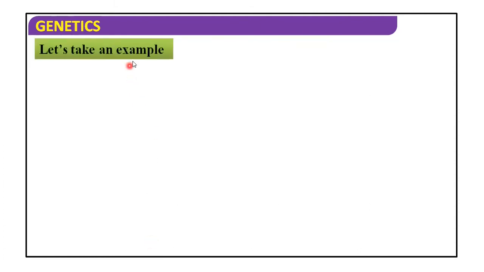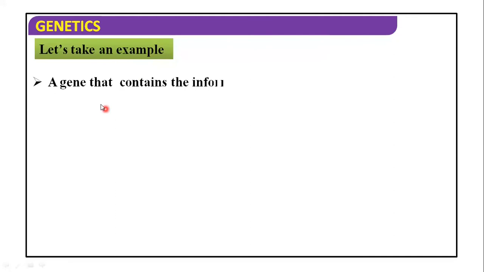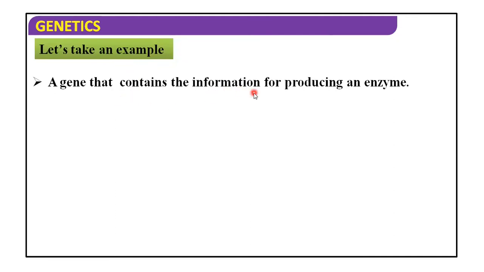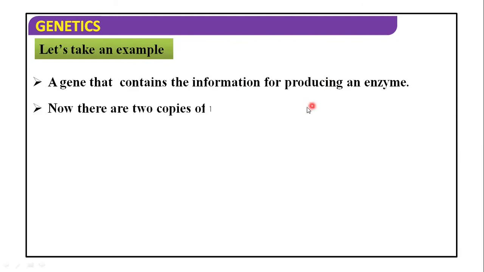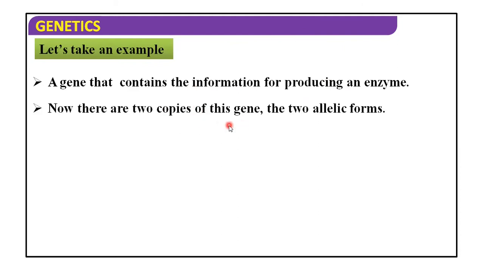Now, let's take an example. Suppose a gene contains the information for producing an enzyme, and there are two copies of this gene, known as two allelic forms.